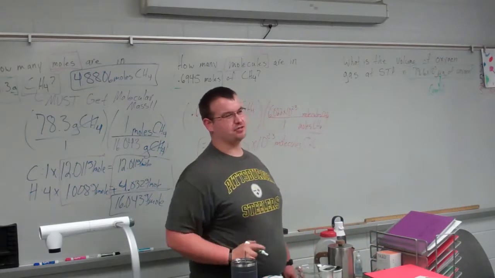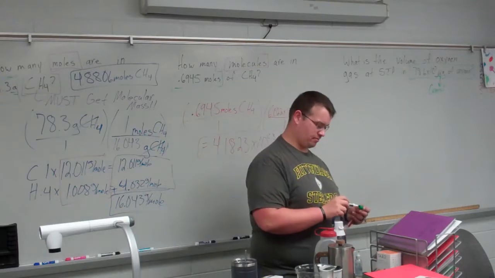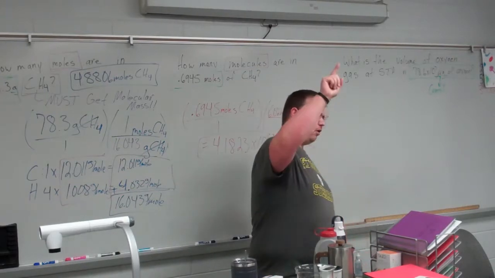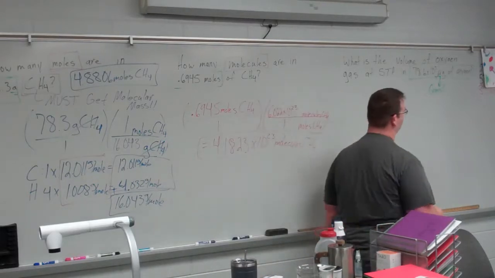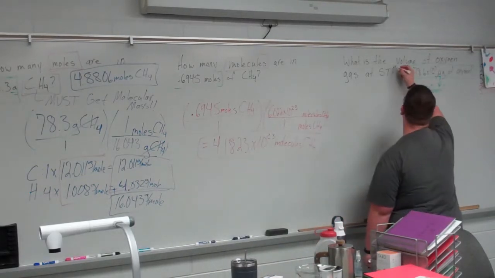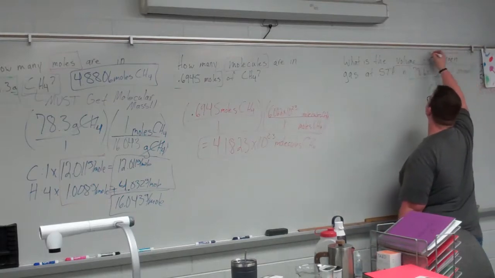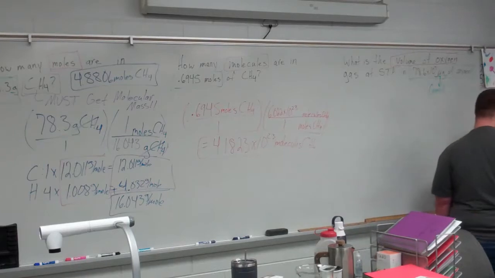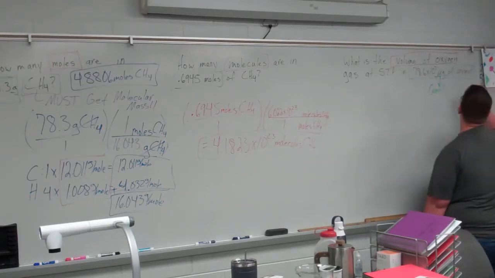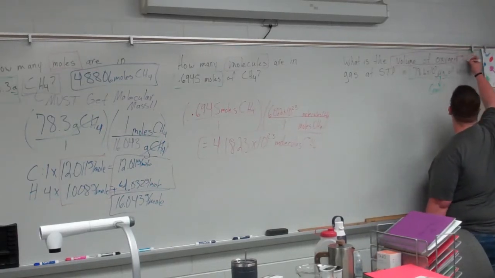But there's a second trick, and it's so subtle. The gas. What is the end point we're looking at? Volume of oxygen. Whenever we're talking about volume, what unit of measurement are we looking at? Liters.